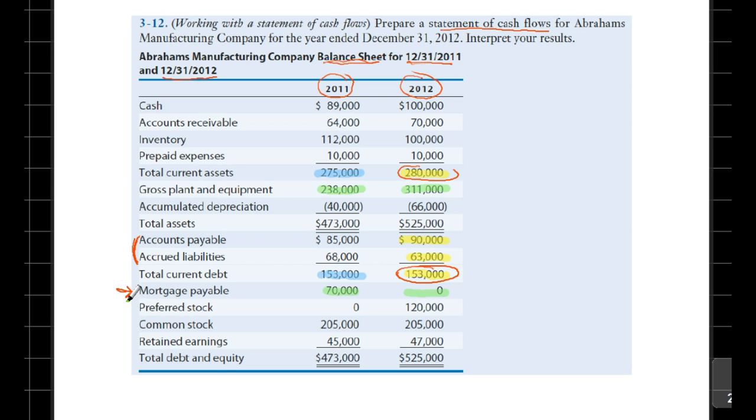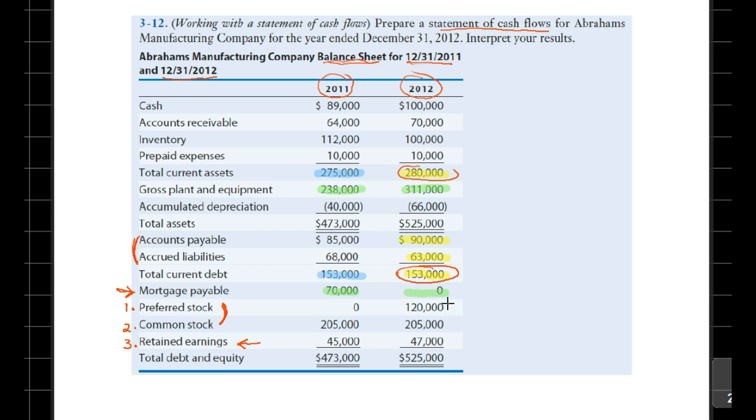We have 3 of them here. The first one is preferred stock, the second is common stock, and the third is retained earnings. Remember the formula, change in equity, omitting retained earnings. In that case, we will only focus on the first 2, preferred stock and common stock.